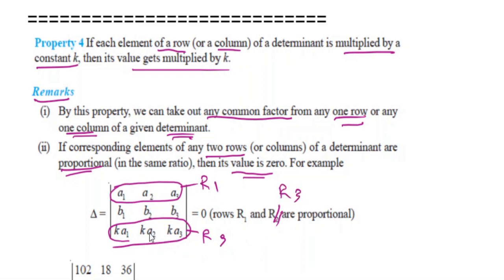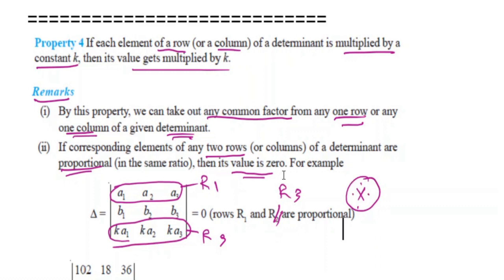They are proportional, so the result should be 0. In a previous case we discussed identical rows, which resulted in 0, and similarly here, when they are proportional also it is 0. So please note down this point. This will be very useful for solving some major determinant problems.